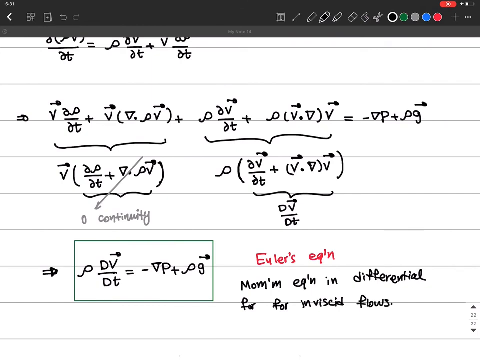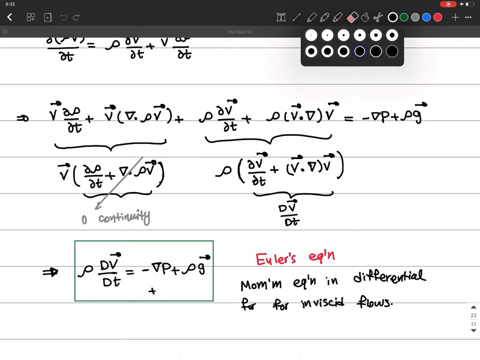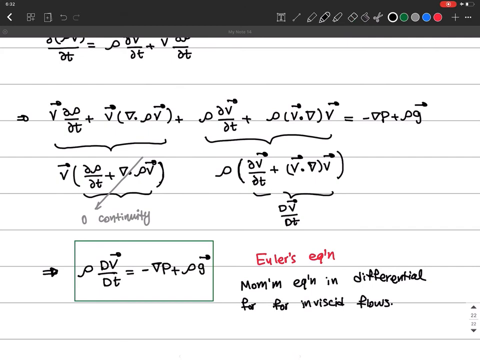Okay, so if we have viscosity, we will have one more term here, and also if we have external forces, we will have other forces on the right hand side. And so if you have viscosity, then the equation is for viscous flows, and we are going to derive that later in the course.